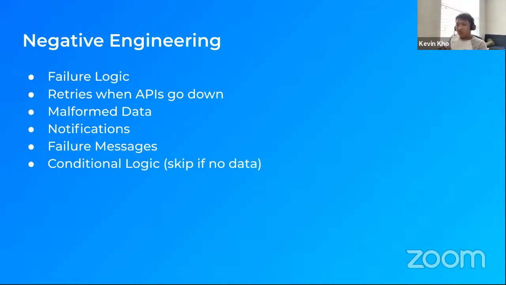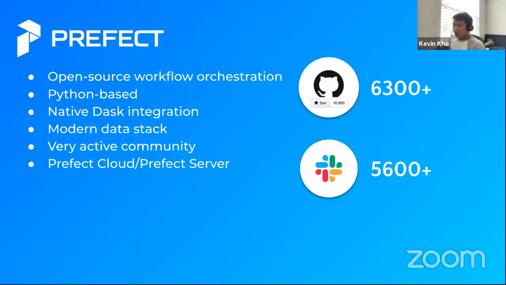So if we can reduce that negative engineering from 90% to 80%, we're in effect doubling developer productivity by doubling the amount of time that engineers can spend on the positive engineering side, on the things they actually want to accomplish, rather than safeguarding against failure. And that's when Prefect was born.